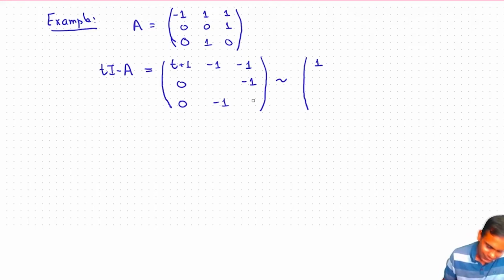There's supposed to be T's here: TI minus A. Some of the minors are 0, but here's T into T plus 1. Here's T squared minus 1. Here this minor is 1 plus T. So what you'll see if you compute all these minors is there are 9 of them, and their GCD is T plus 1.